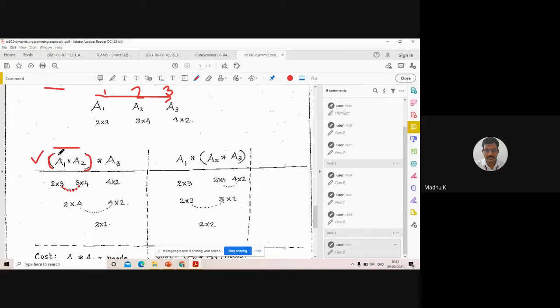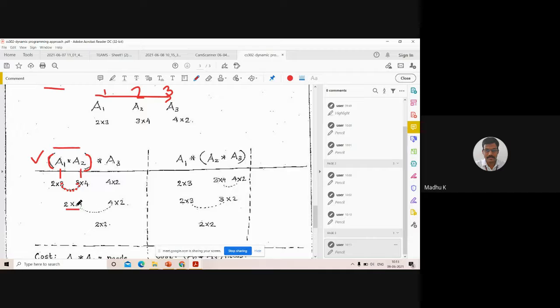Next, is the multiplication possible? Yes, because we want to multiply 2 by 3. The order of a1 is 2 by 3 and the order of a2 is 3 by 4, so these two are same. I can multiply, then I will get a matrix 2 by 4.